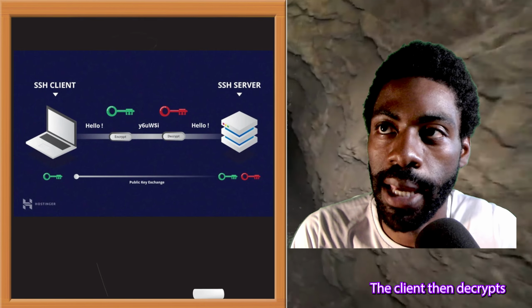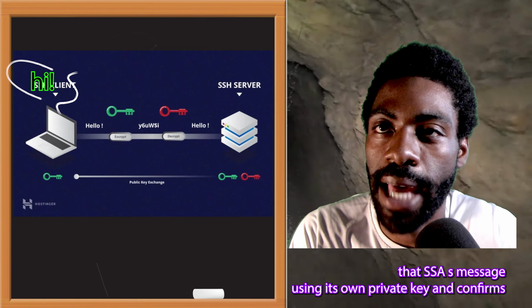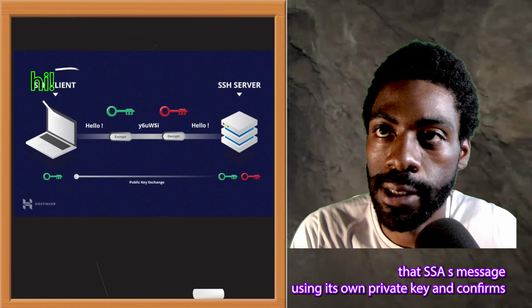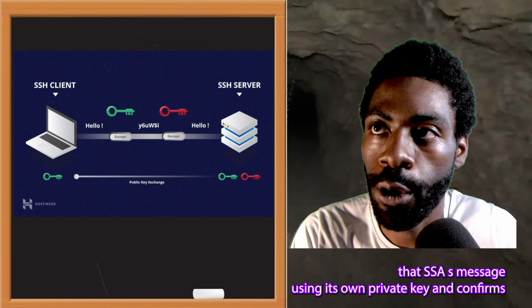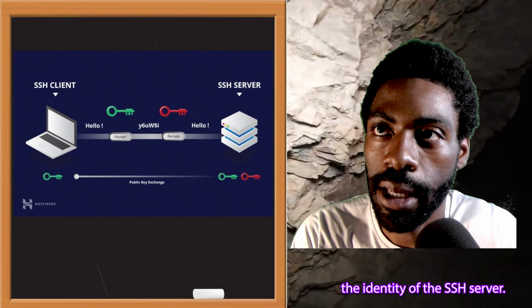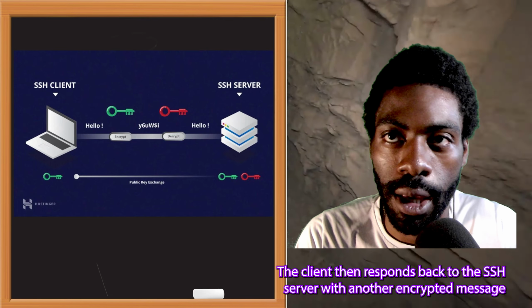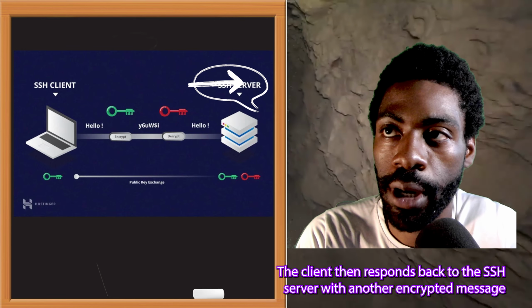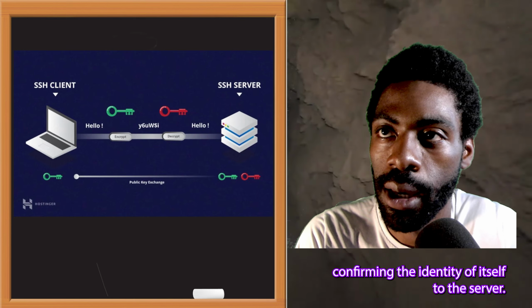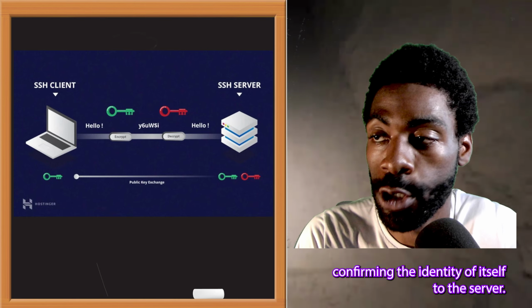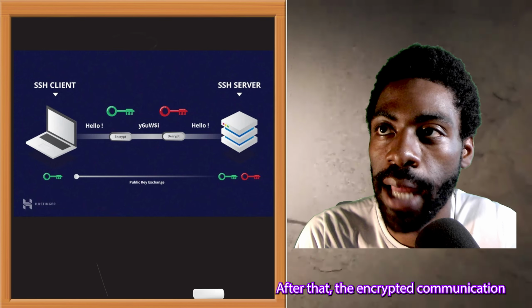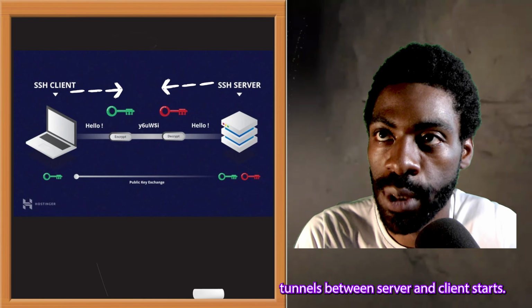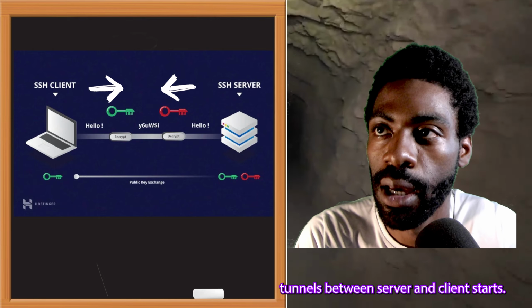The client then decrypts that message using its own private key and confirms the identity of the SSH server. The client then responds back to the SSH server with another encrypted message confirming its own identity to the server. After that, the encrypted communication tunnel between server and client starts.